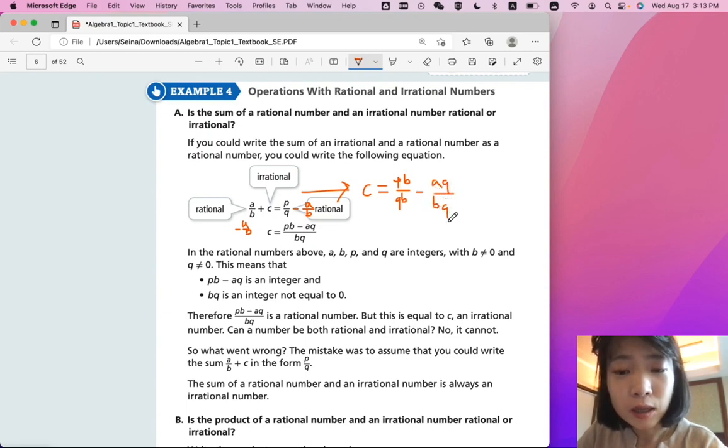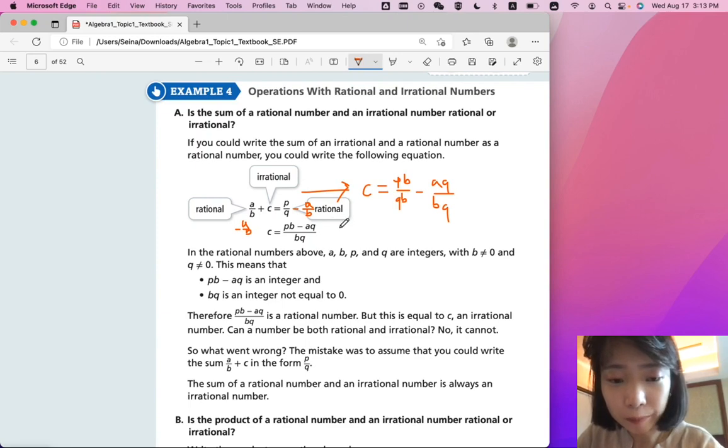And then you can use the commutative property to reorder QB as BQ. Okay, so you can say C is equal to (PB minus AQ) over BQ.